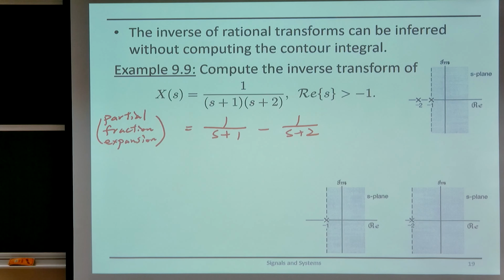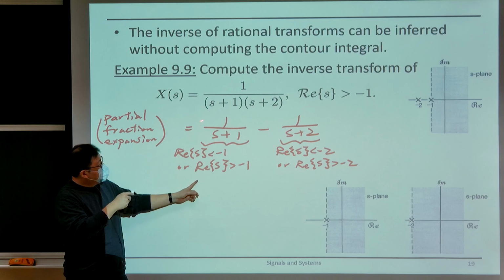So for this term, the real part of s is less than -1, or the real part of s is greater than -1. Now similarly, for this second term, the region of convergence can be either the real part of s less than -2, or the real part of s greater than -2. Okay?